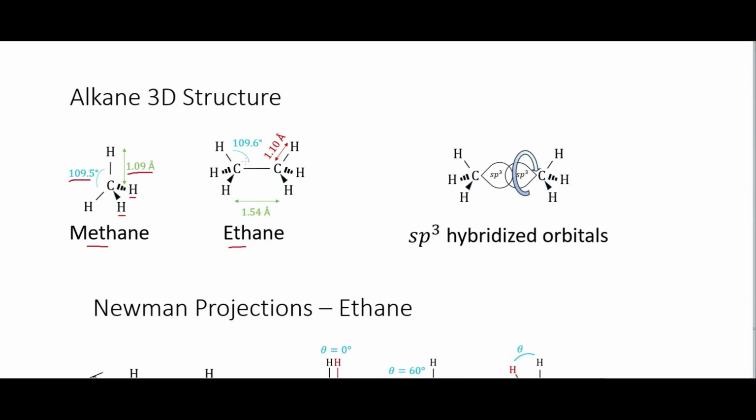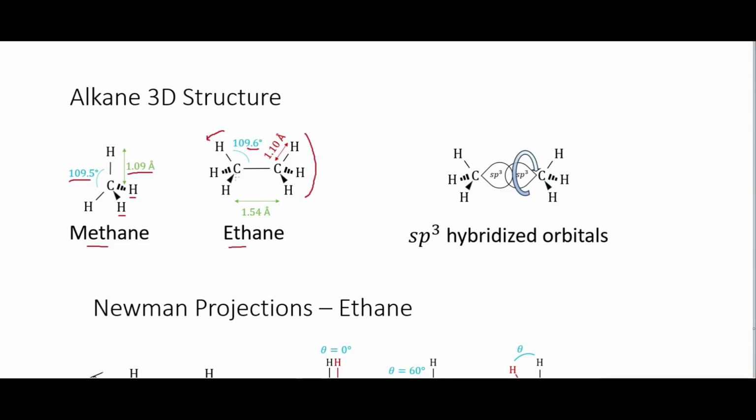Where when we get to ethane, because this right here is larger than a hydrogen, it's actually going to push this hydrogen down slightly. And so we actually get a slightly larger bond angle there. And so we actually have what are called inductive effects.